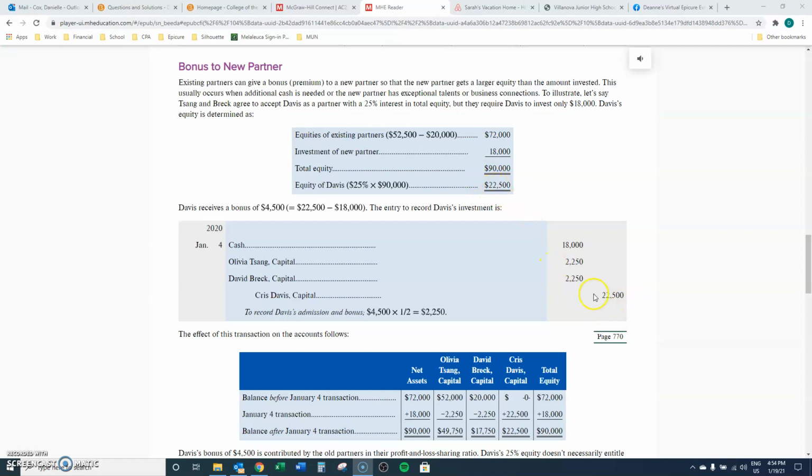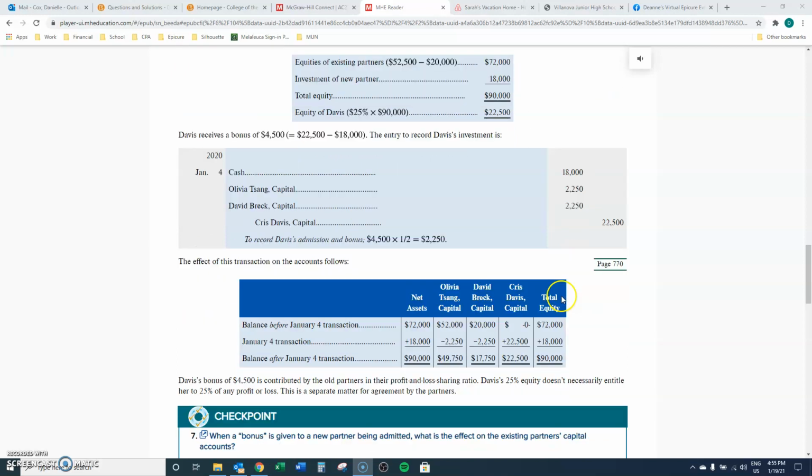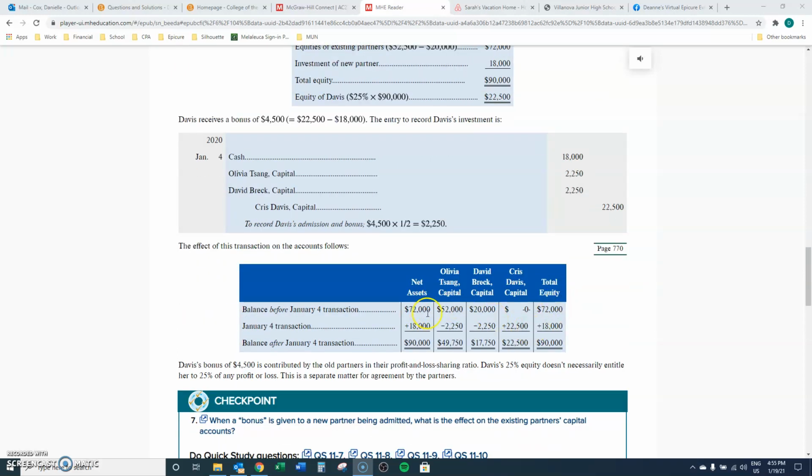We're going to credit $22,500, and because they're receiving the bonus or the premium, the other partners' capital accounts get reduced. We said the ratio was 50-50, so they each take half of the $4,500 and reduce their capital accounts. So again, we can see what's happening.